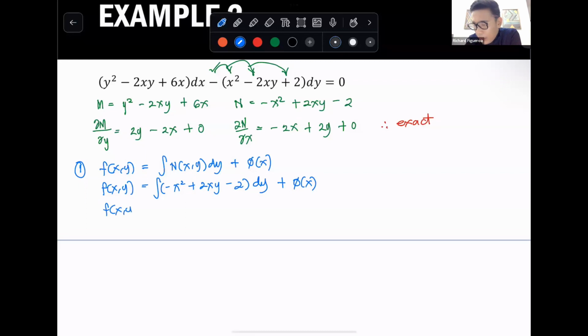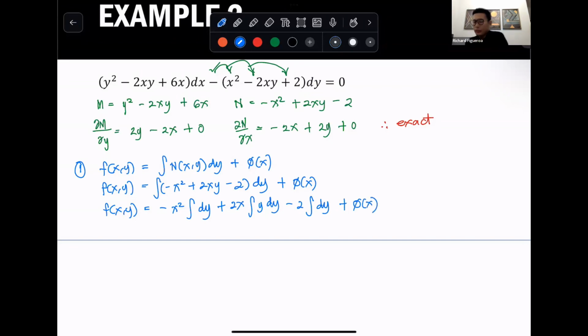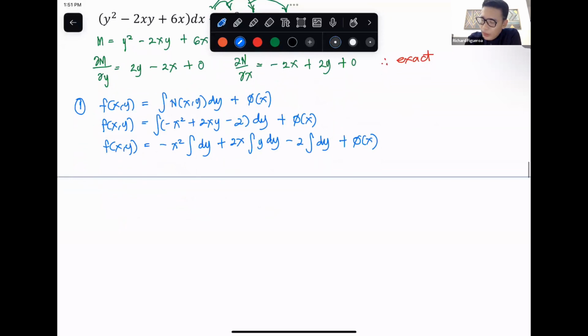So f of xy then, will be negative integral of x squared. Dy pala tayo, so x is constant, so negative x squared, the integral of dy, and then plus 2x, the integral of y dy, then minus 2, the integral of dy, then plus p of x. So we integrate.